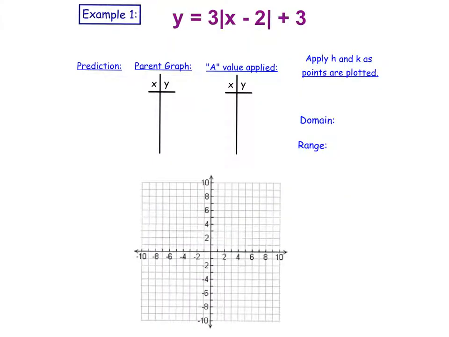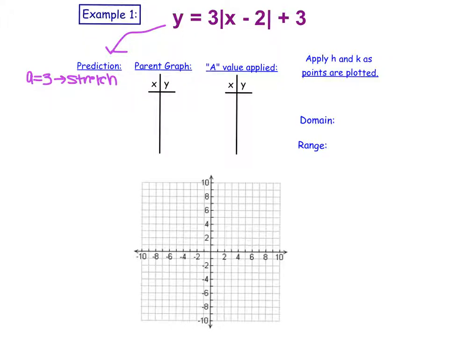So here to start off, I see I have y equals 3 times the absolute value of x minus 2, all plus 3. So some predictions, some things I expect to see on my graph. First, I see that A is equal to 3, so I expect to see some sort of vertical stretch up.